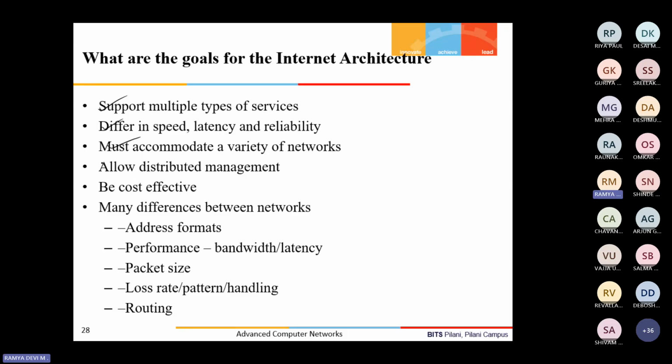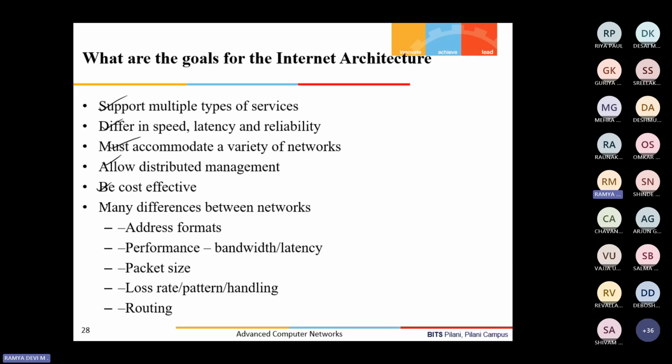Another goal is that it should allow distributed management. There should not be a single entity that owns the entire network, but each network should be independently managed so that they can cooperate for end-to-end communication. Also, it should be cost effective. Global communication is required, but it should not require complex or expensive infrastructure.